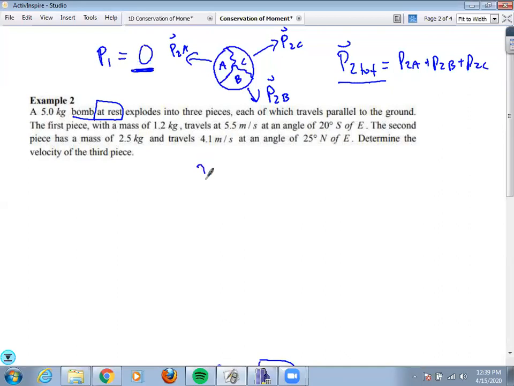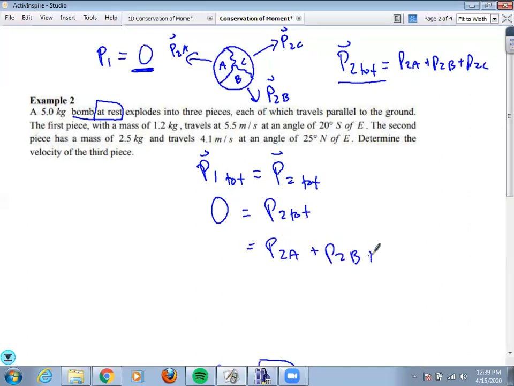Again, it goes back to the fact that P1 total equals P2 total. The total momentum before collision equals the total momentum after the collision. So we're saying that the bomb is at rest, so 0 equals P2 total, which equals P2A plus P2B plus P2C.